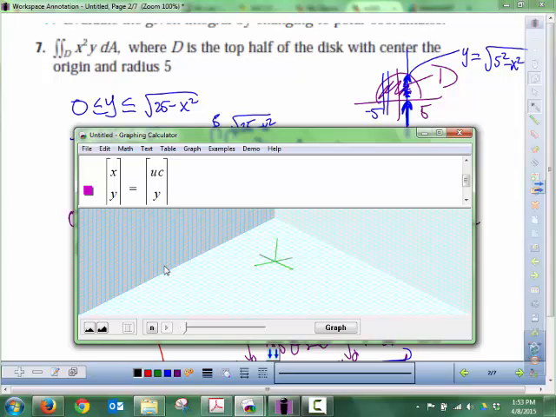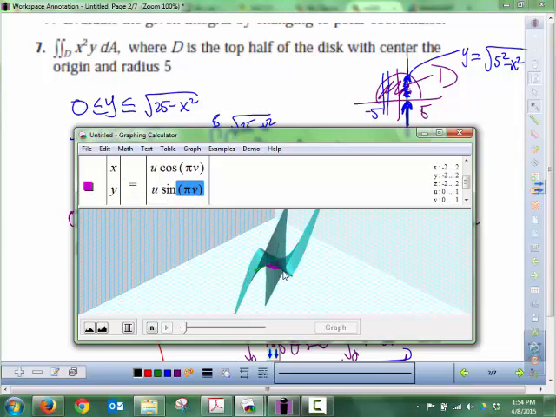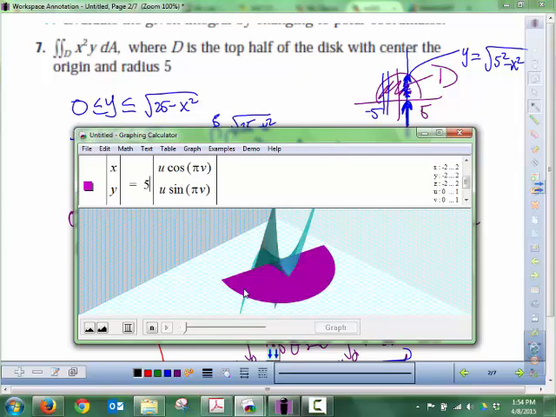So radius 5. So I guess I don't have enough z.